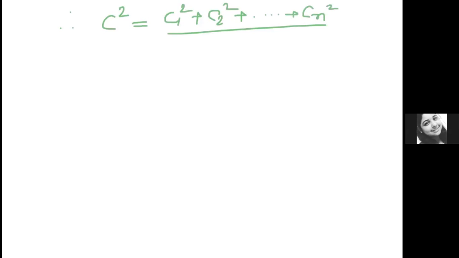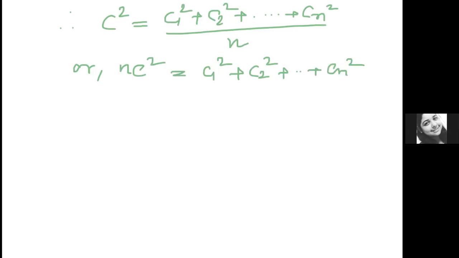So I can write therefore C square is equal to C1 square plus C2 square plus dot dot dot Cn square by n, the number of molecules, or n C square is equal to C1 square plus C2 square plus dot dot dot plus Cn square.